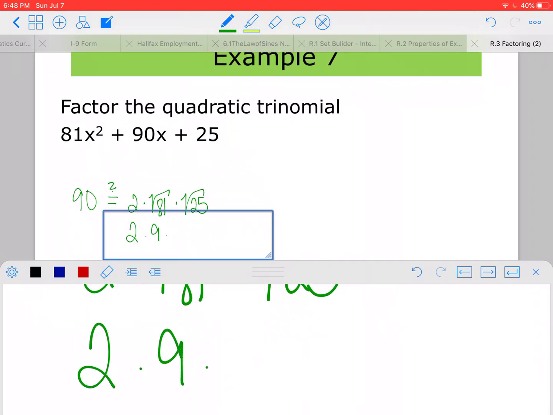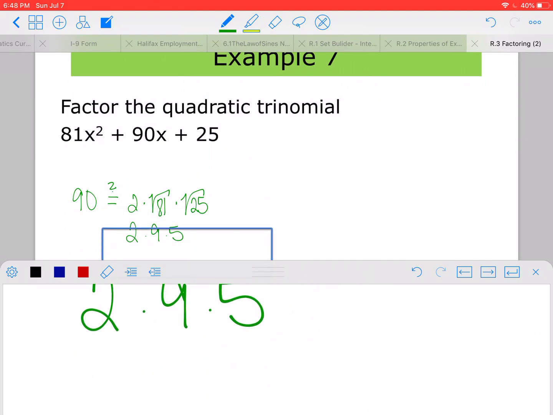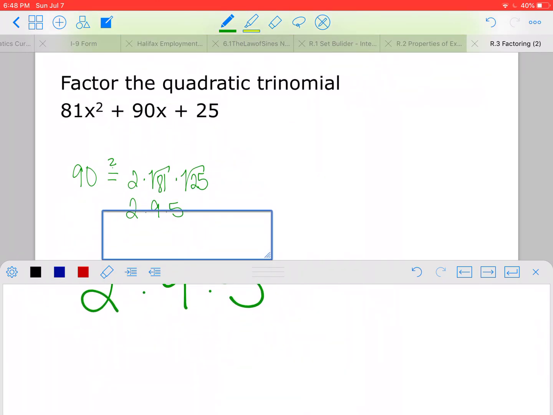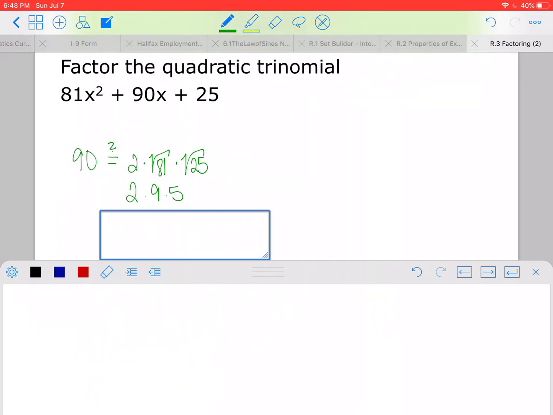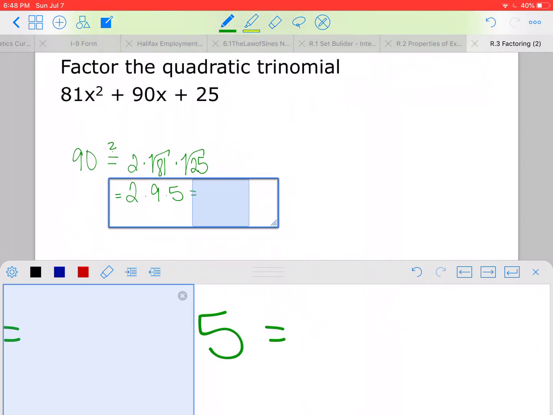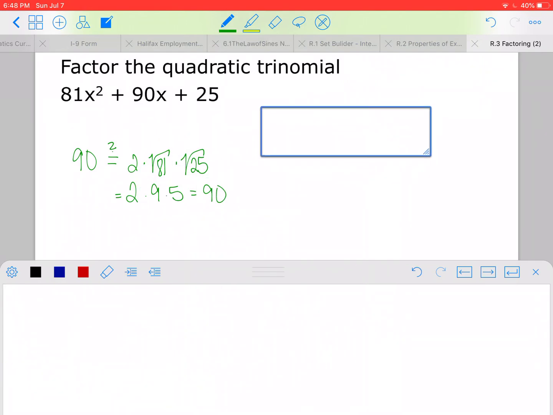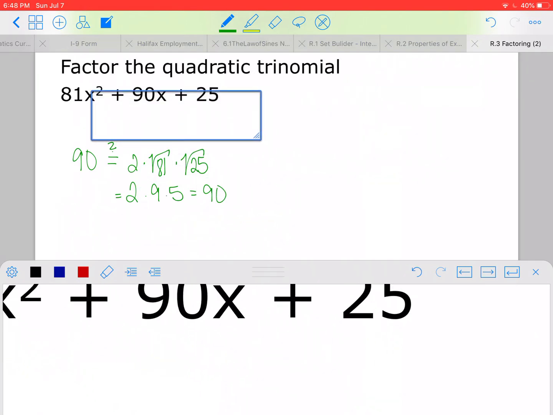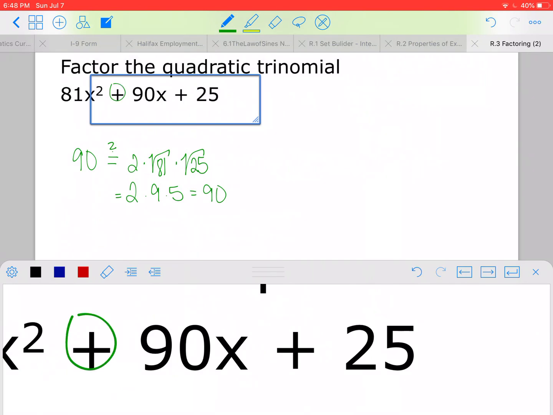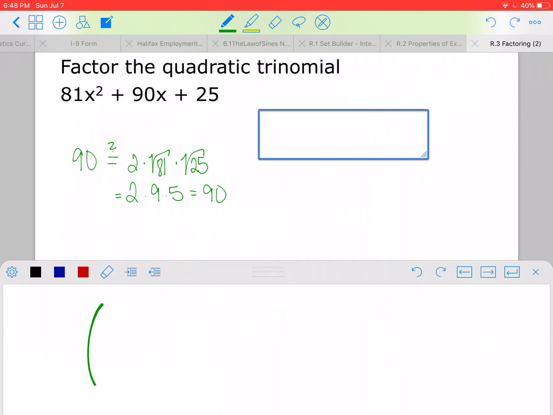So 2 times 9 is 18, and 18 times 5, let's just double check this to make sure, yep, it's 90. So it is a perfect square trinomial. Since this is a plus here, then we'll say the square root of 81x squared is 9x plus, and then the square root of 25 is 5, quantity squared.